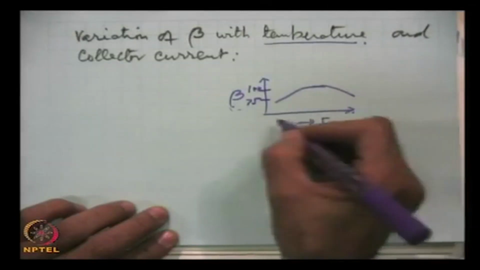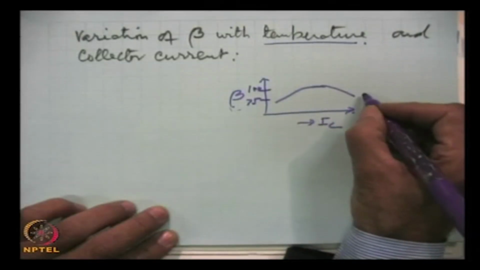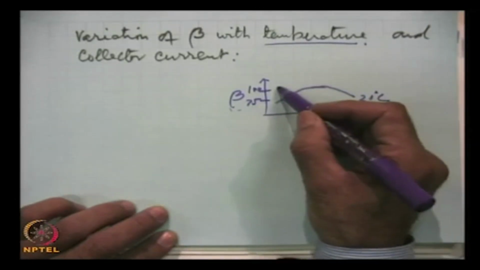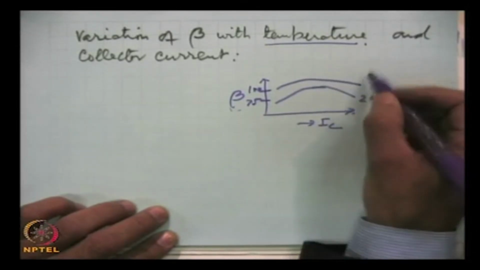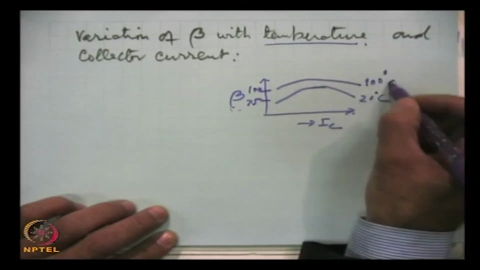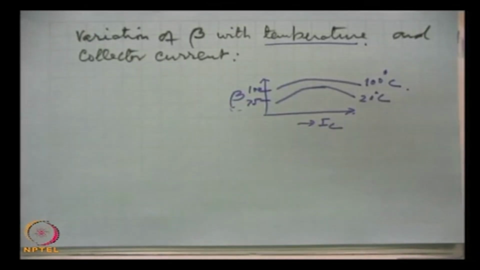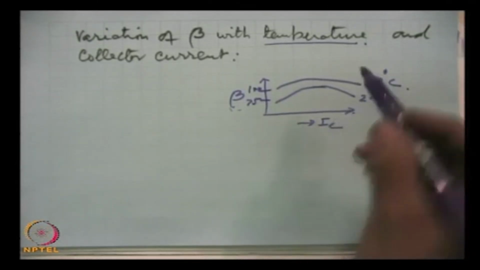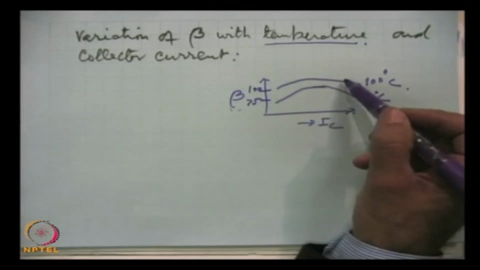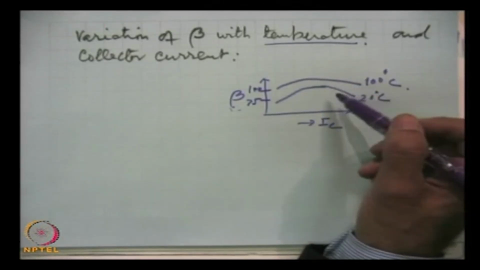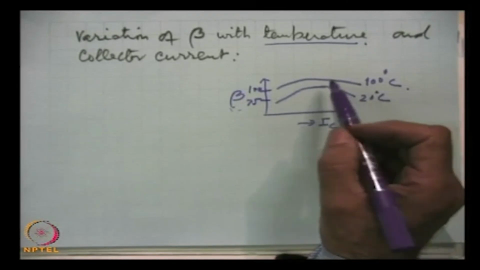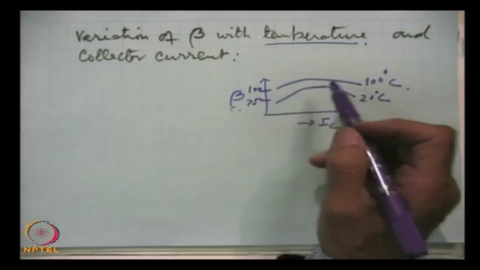If this is the plot at a temperature of say 20 degrees centigrade, then about 100 or so, this variation will be like this. Current gain beta changes with collector current, output current, and it also changes with change in temperature, and with rise in temperature beta increases.